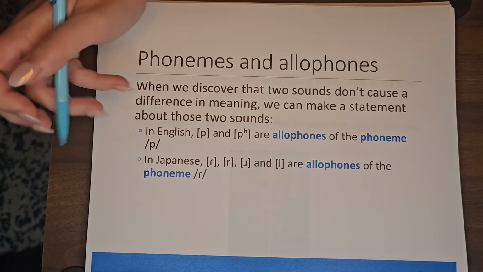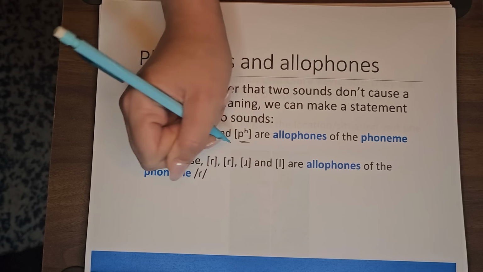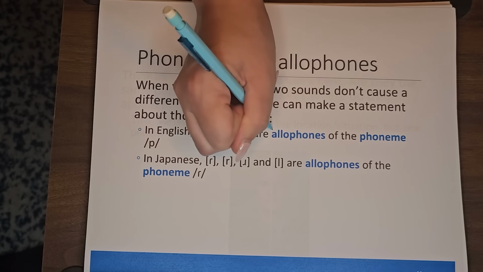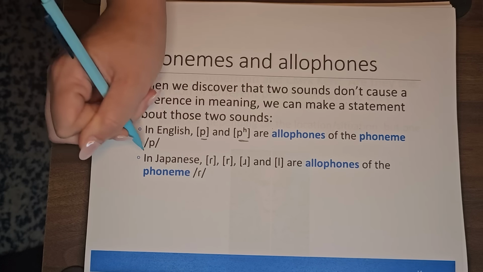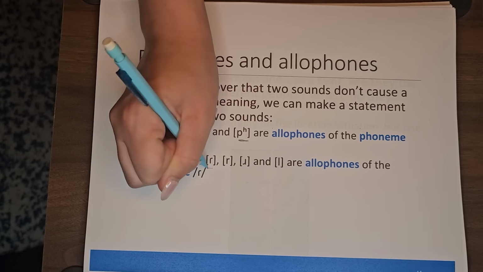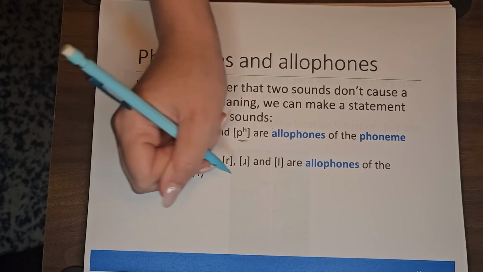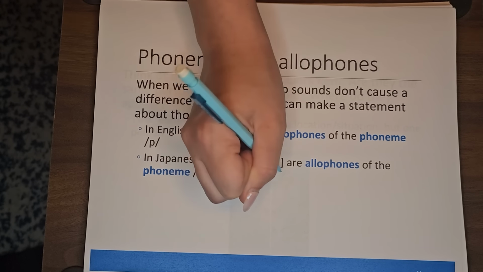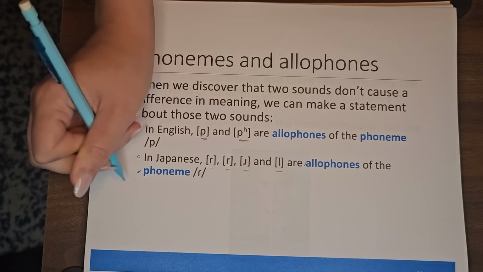So in English, unaspirated and aspirated p are allophones of the same phoneme. In Japanese, ra, r, and ol are allophones of the same phoneme.